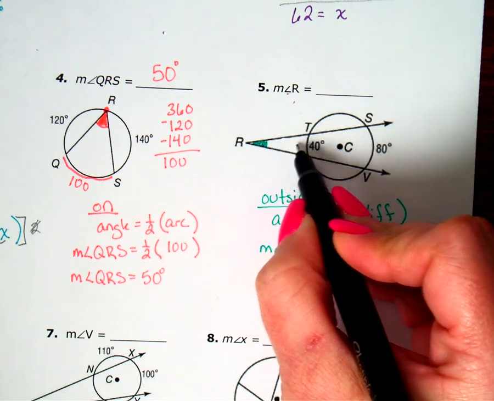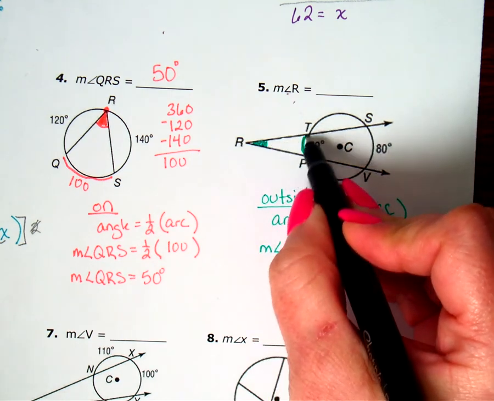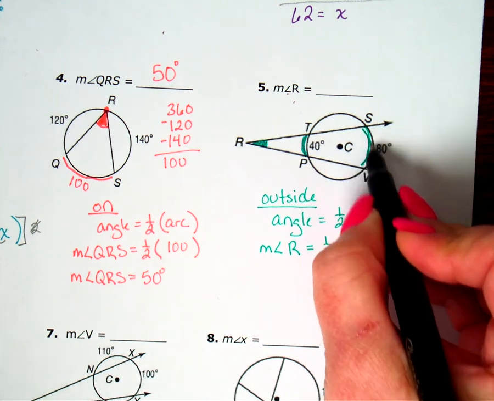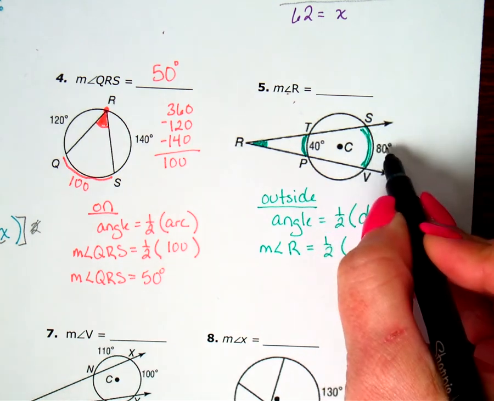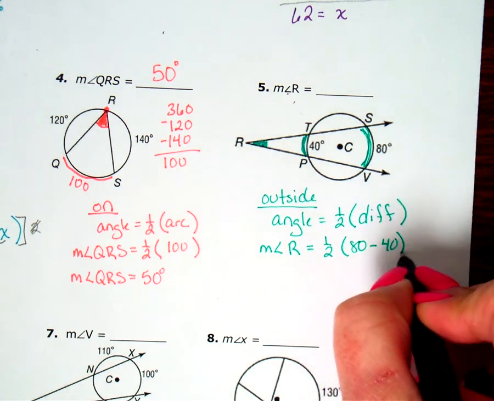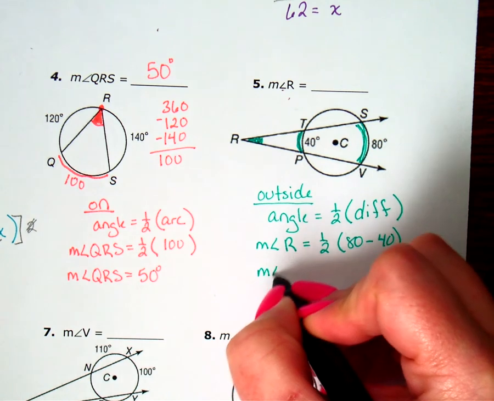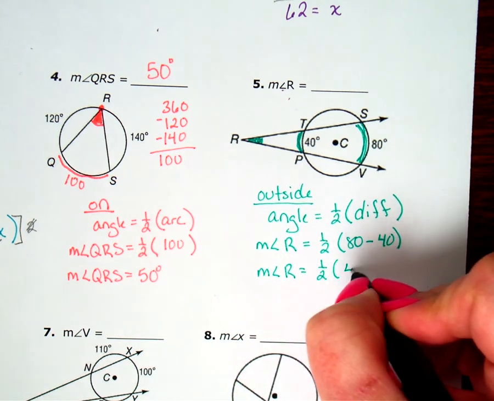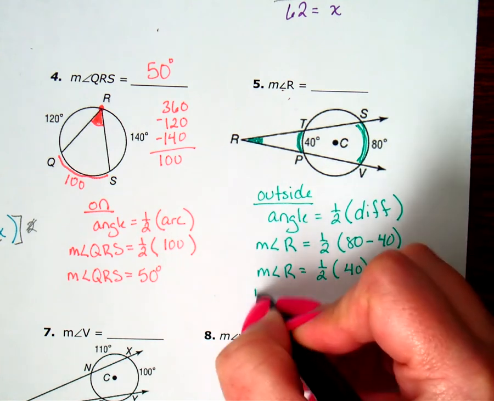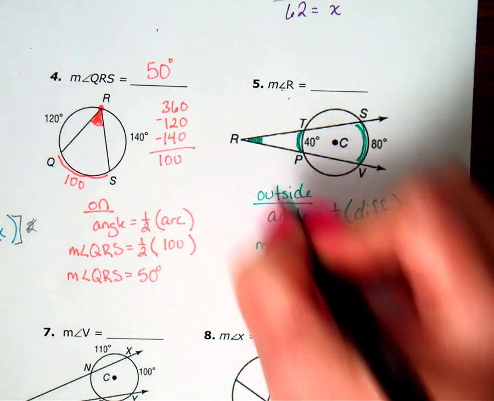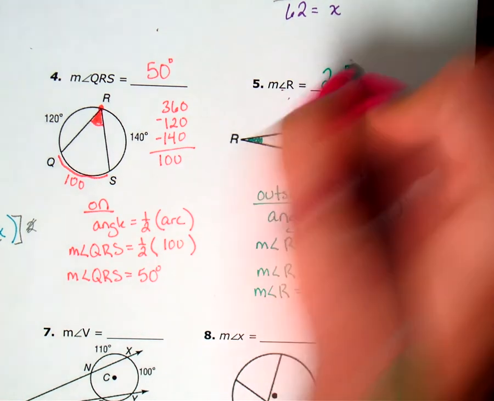So then I come out here and I go, where do I hit arcs? I hit an arc here, and then I keep going and I hit an arc here. Always put the big arc, the outside arc, in first. So 80 minus 40. Measure of angle R is 1/2. 80 minus 40 is 40. So the measure of angle R is 1/2 of 40, 20 degrees.